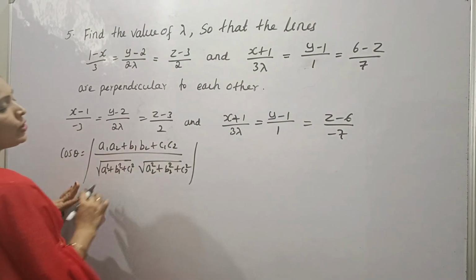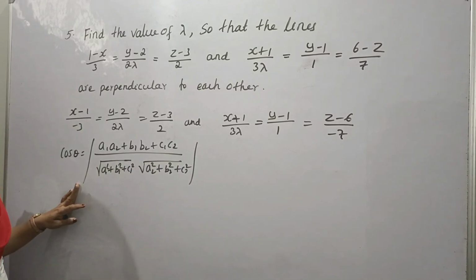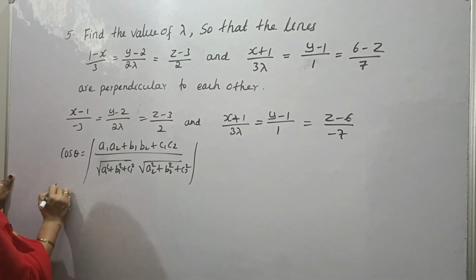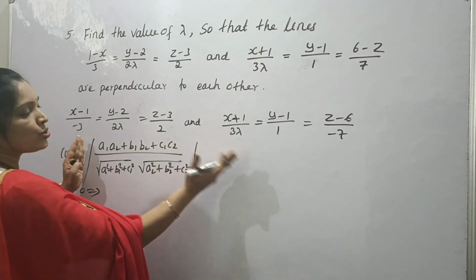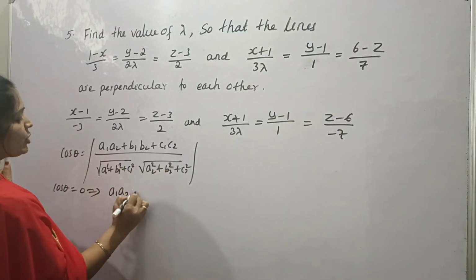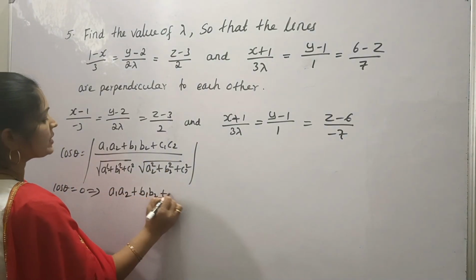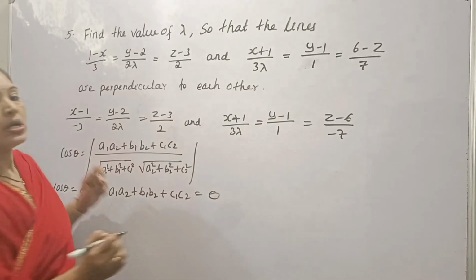If two lines are perpendicular to each other, then cos theta is equal to 0. So cos theta is equal to 0 implies the numerator is equal to 0, that is a1 a2 plus b1 b2 plus c1 c2 is equal to 0.